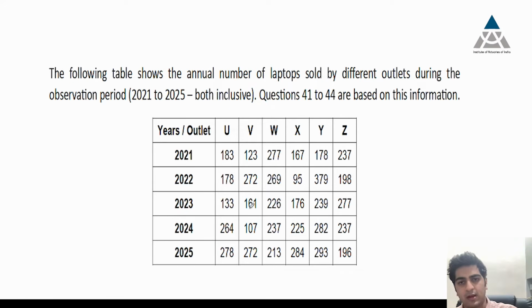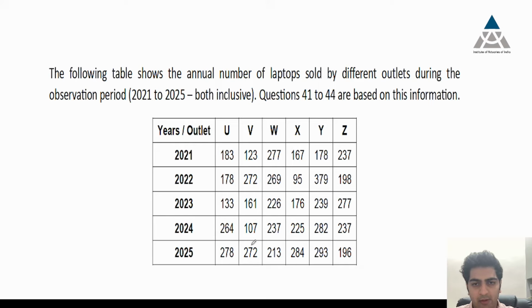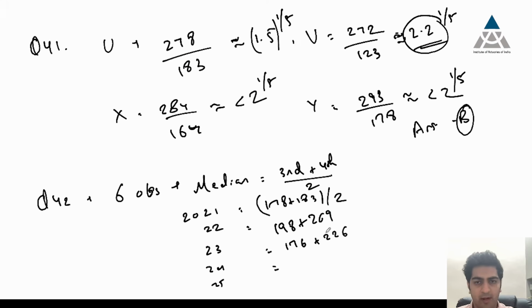2023, you have 133, 161, 176, 226. So 176 and 226 are the third and fourth. So 176 plus 226. 2024, it is 107, 225. You have two 237s. So third and fourth is 237, and 64 and 82 is fine.